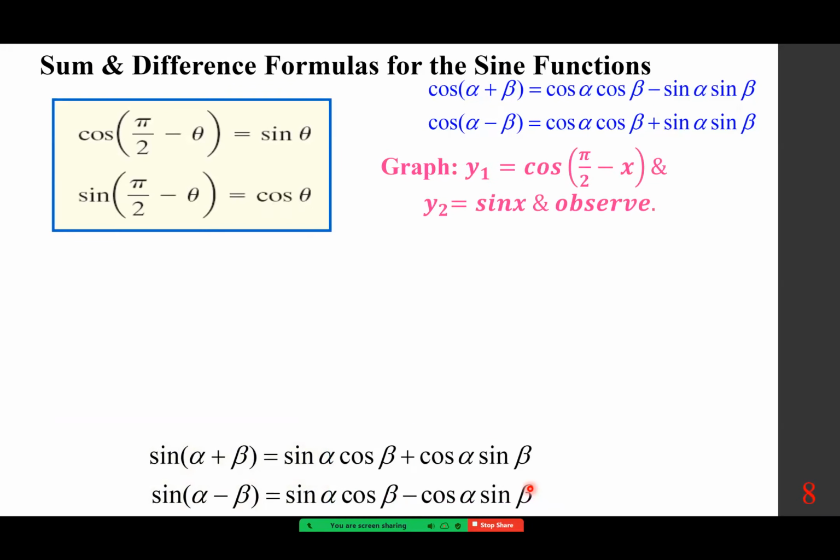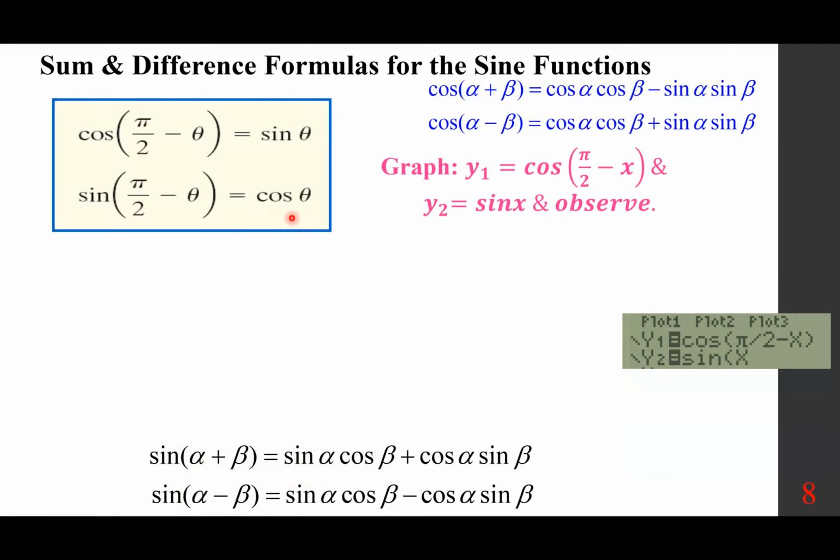We first want to prove this. We want to prove cosine of pi over 2 minus theta equals sine theta, and sine of pi over 2 minus theta is cosine theta. You may remember when we looked at the graphs, it showed it. One way is to graph it.